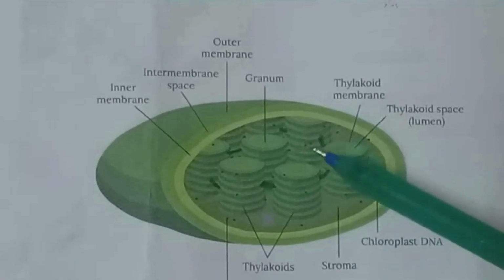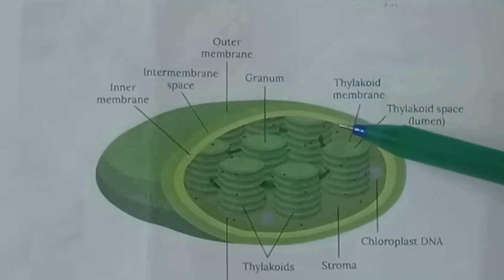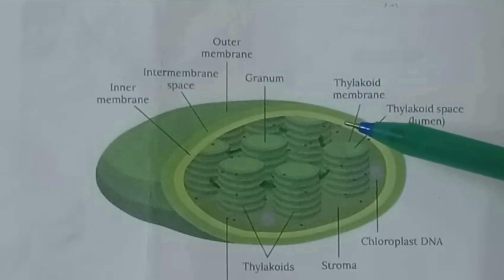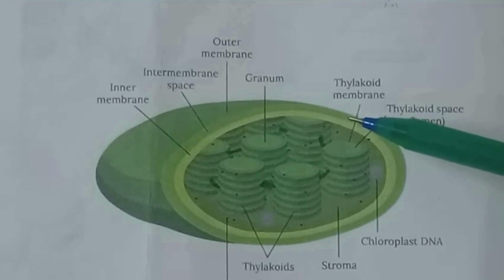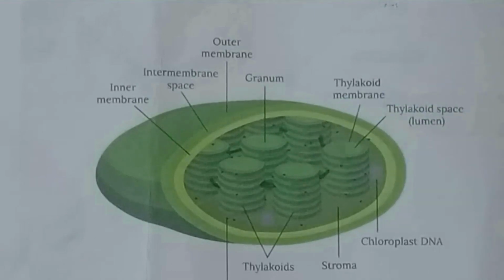These also contain starch. Mitochondria and chloroplasts are semi-autonomous organelles because they are capable of self-duplication, as they have their own nucleic acids like double-stranded DNA and RNA molecules, 70S ribosomes, and they also have ETS and ATP forming machinery.